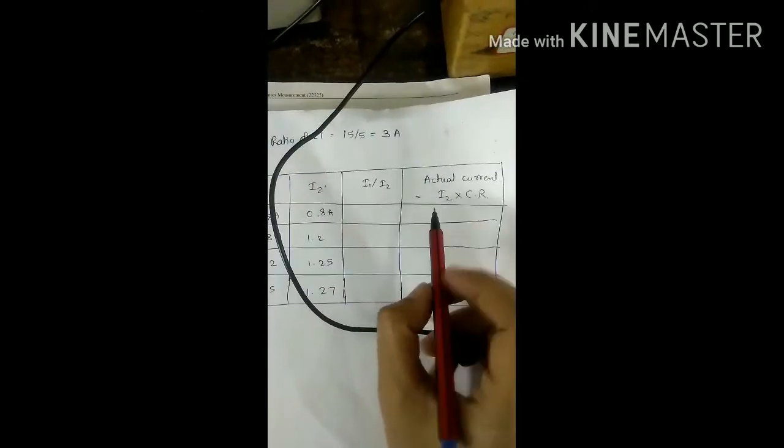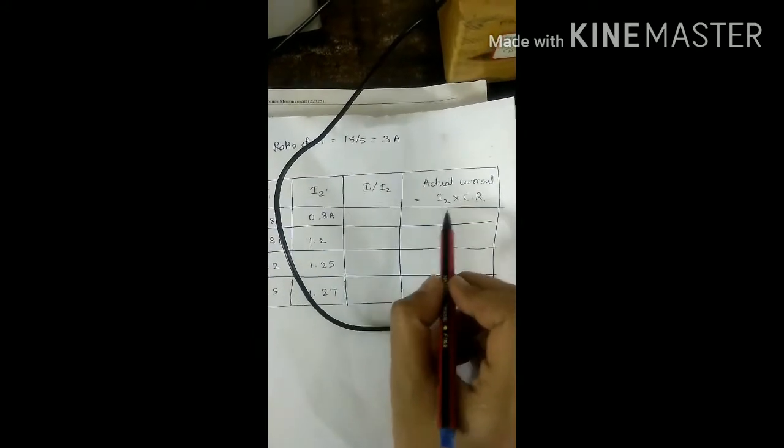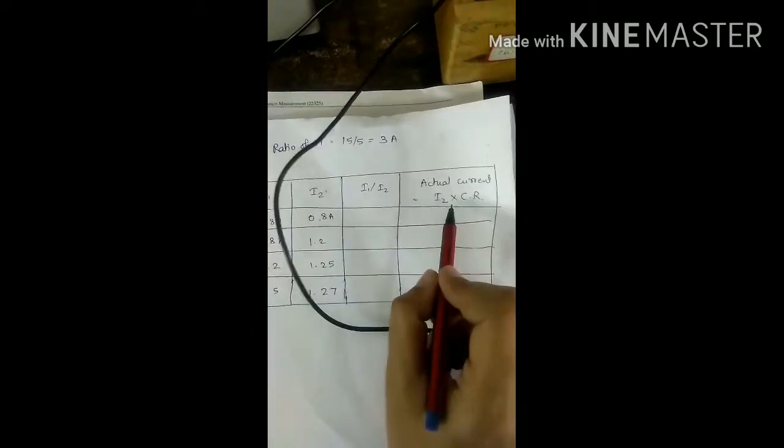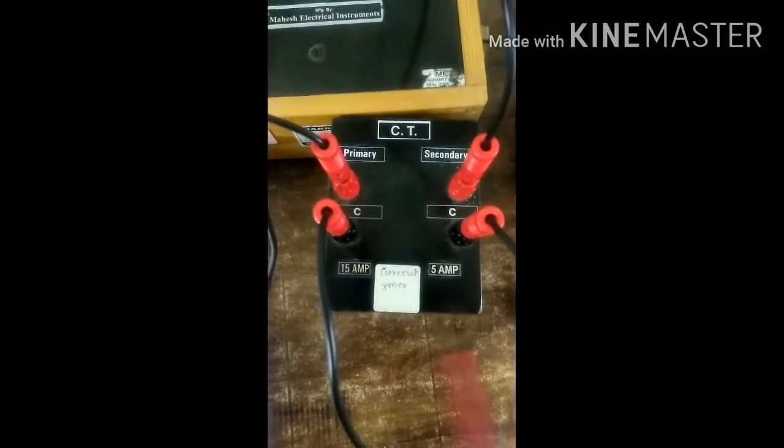Okay, next in this you have to calculate I1 by I2, and this is your actual current. So in this you have to calculate I2 into CR, meaning CT ratio, which is 15 by 5, that is 3.